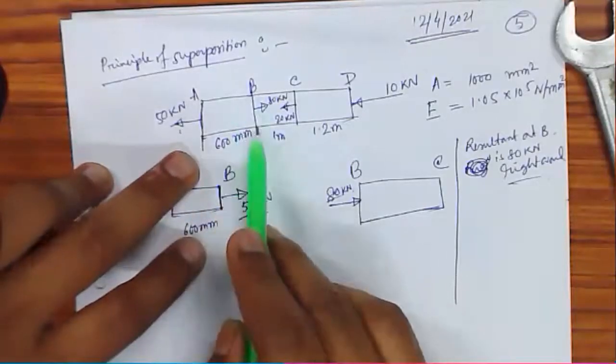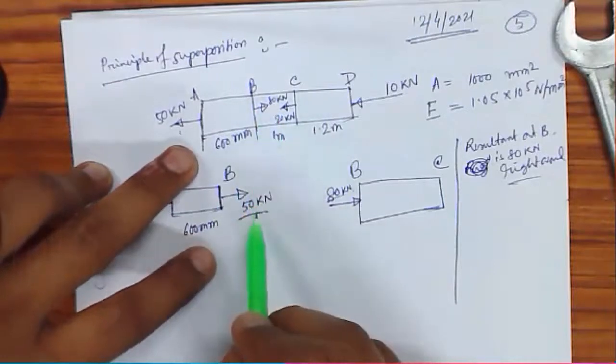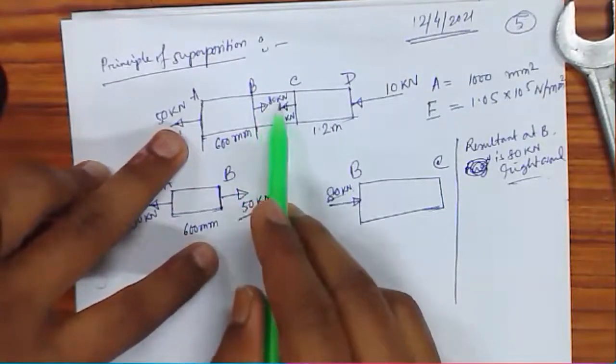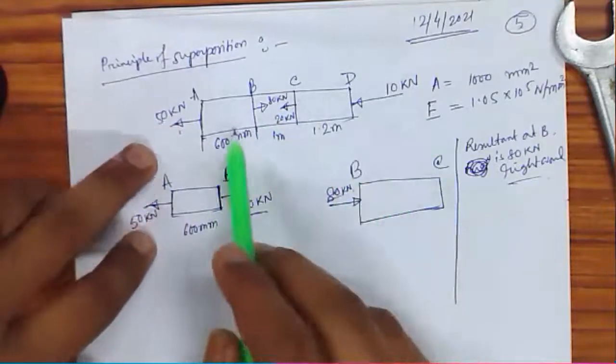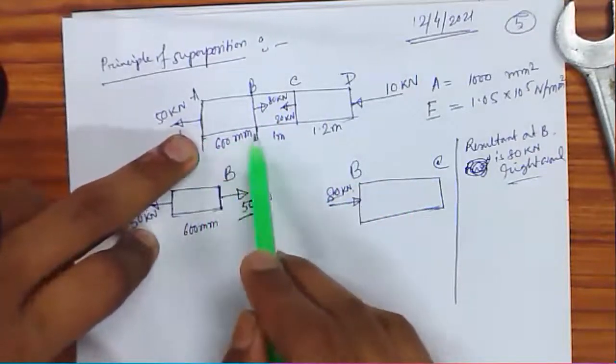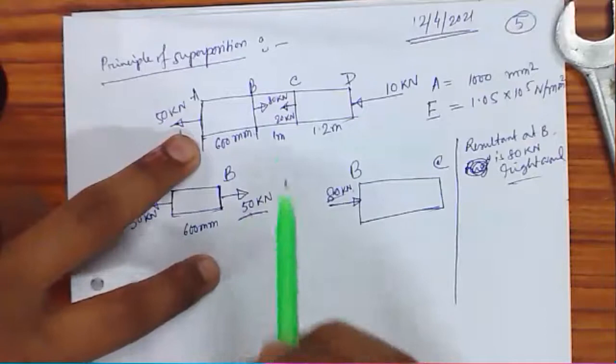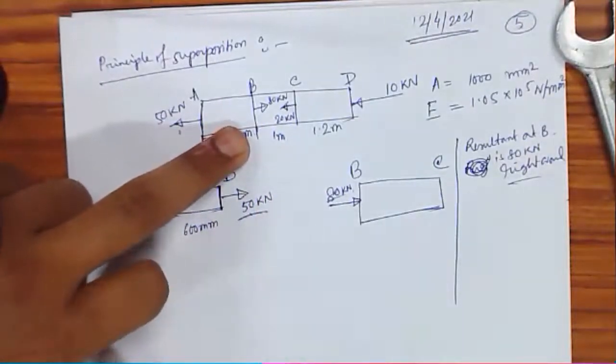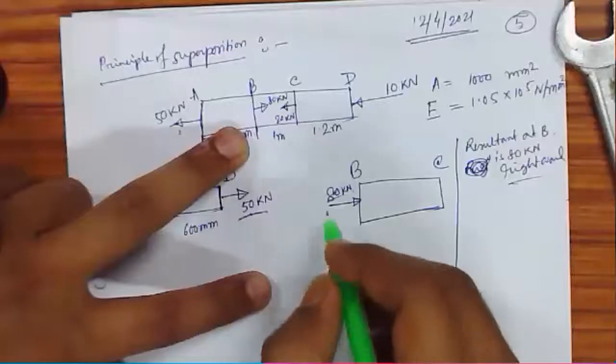So at section B there was 80 kilonewton, and 50 from this 80 has already been consumed by section AB. So how much is left for BC? Can anyone tell me? 30 kilonewton. In which direction? Rightward. Right, very good.